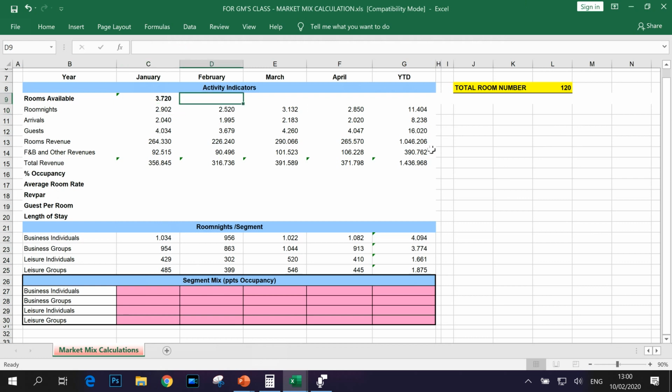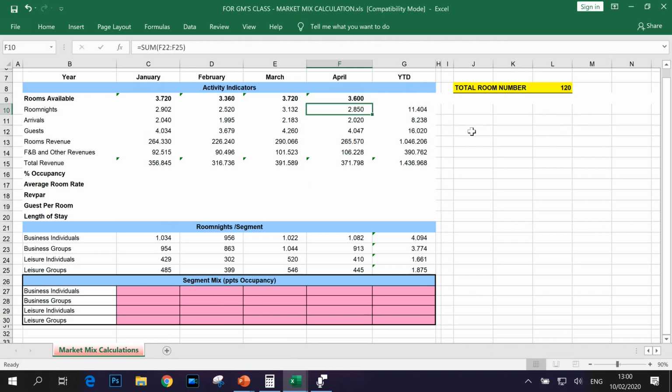For February, we have 120 rooms times, let's say 28 days in February. March, we have 120 rooms per day times 31 days. April equals 120 rooms per day times 30 days.